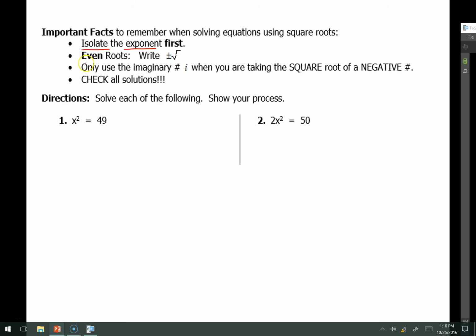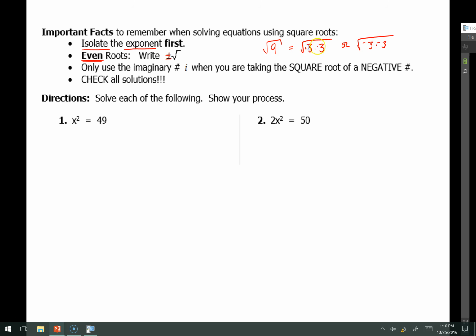Another important note is that if you are taking an even root, so a square root, a fourth root, a sixth root, you need to write plus or minus when you take the root, because for the number we take the square root of, say the square root of 9, that could be 3 times 3, or it could be -3 times -3 to get 9.